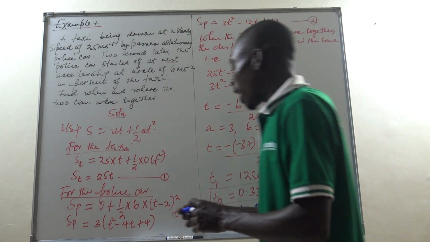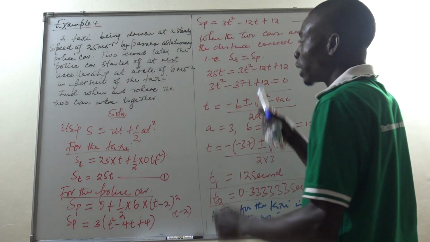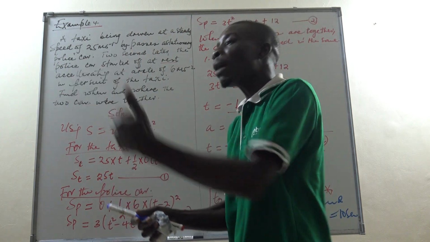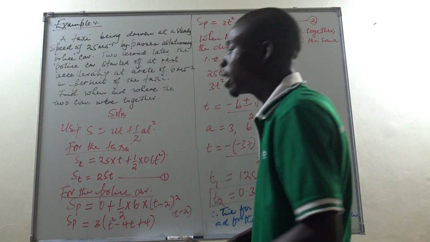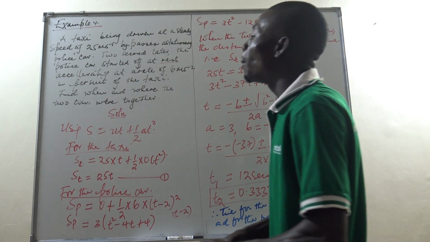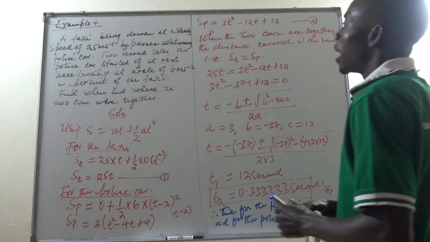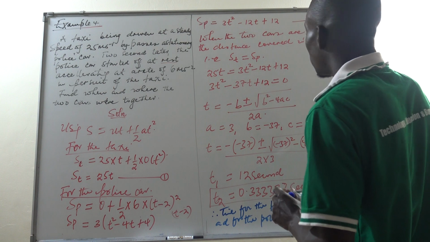That one works for the time taken for the two to be together, because the time will be different. One went first and then another one followed afterwards. Therefore, the time will be different, but the distance covered will be the same.